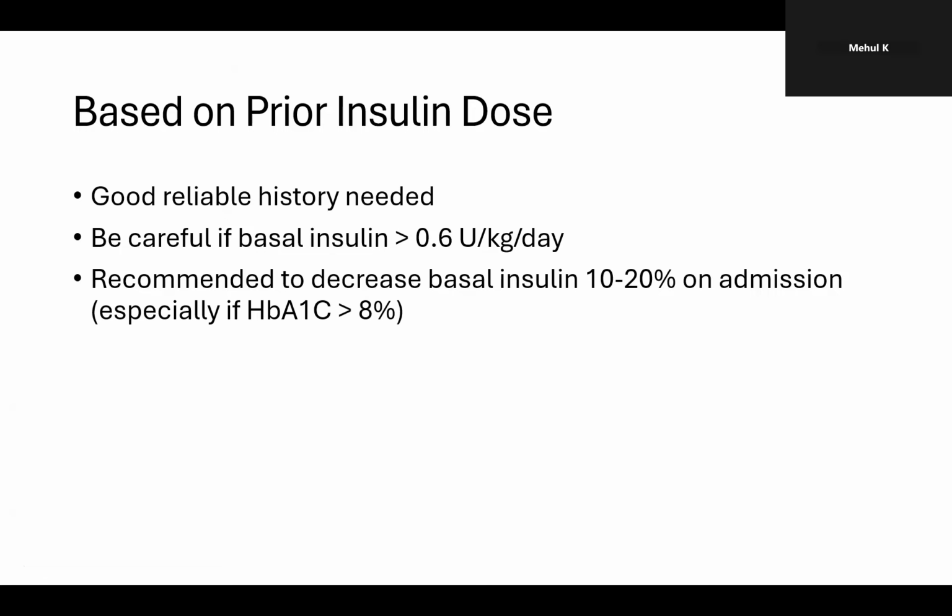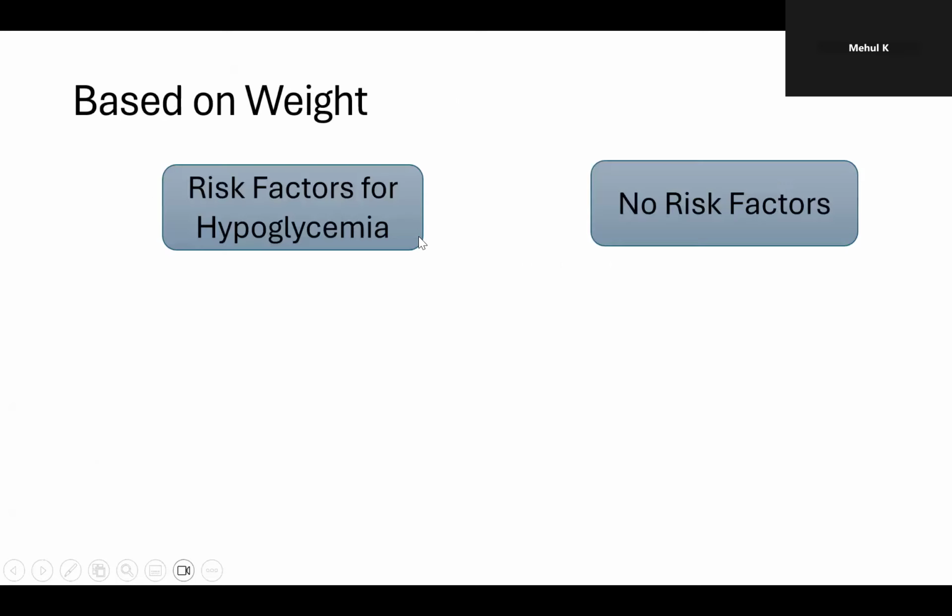So if the patient becomes an inpatient and is suddenly not going to be eating that much, then a huge basal insulin dose might actually be detrimental. That is why societies recommend that you decrease the basal insulin from your OPD prescription by around 10 to 20% on admission, especially if the patient's sugars are uncontrolled and HbA1c is more than 8%.